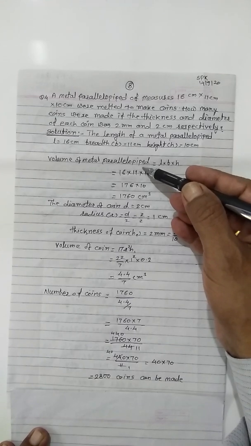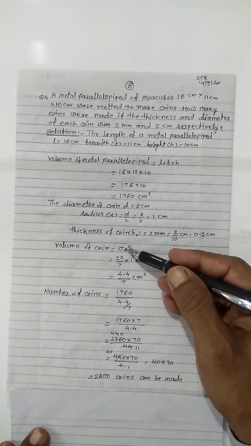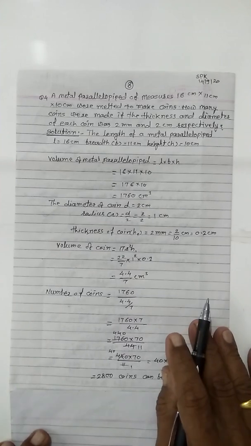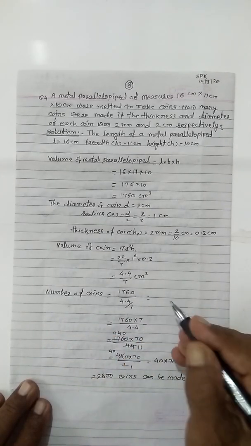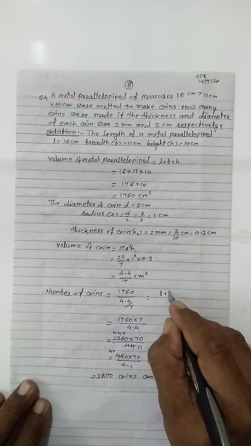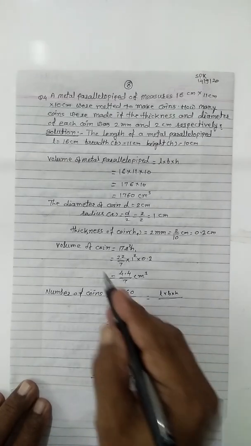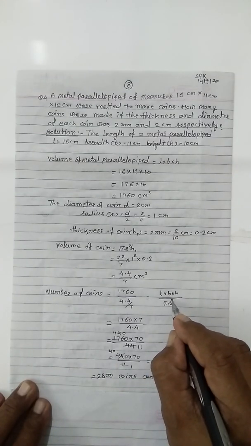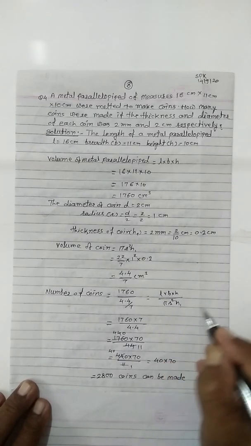See, in this example, we can directly write down the formula for number of coins. We solved this by first finding the volume of parallelepiped, then the volume of coin, and then we get the number of coins. You can directly write down here the number of coins equal to the formula LBH divided by the formula of this coin, pi r square into H1.